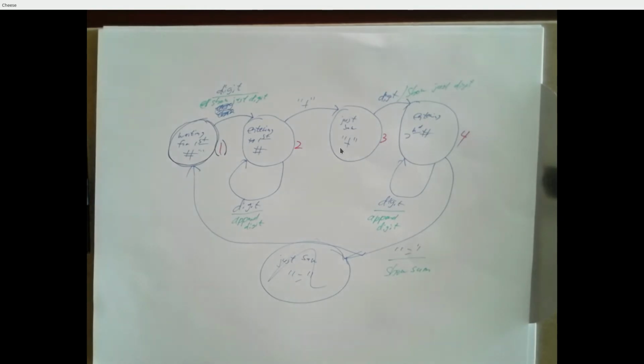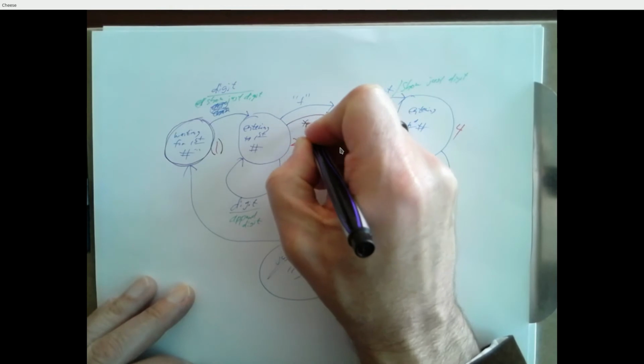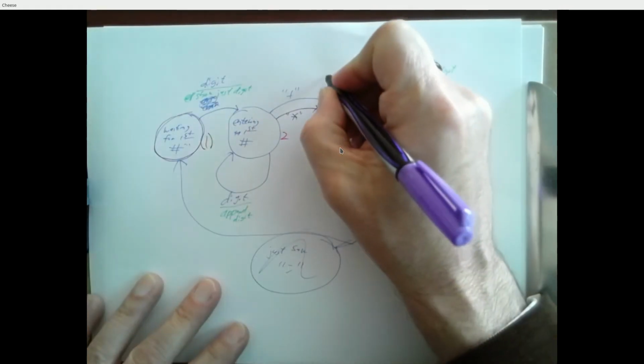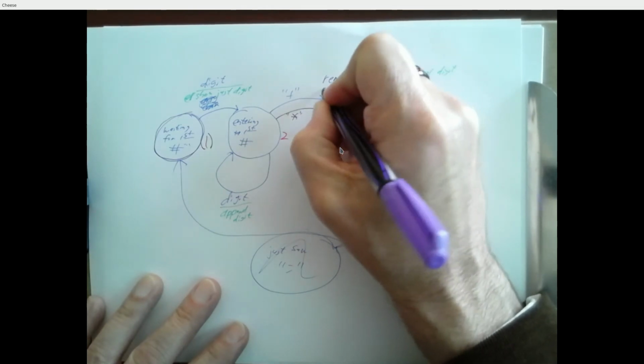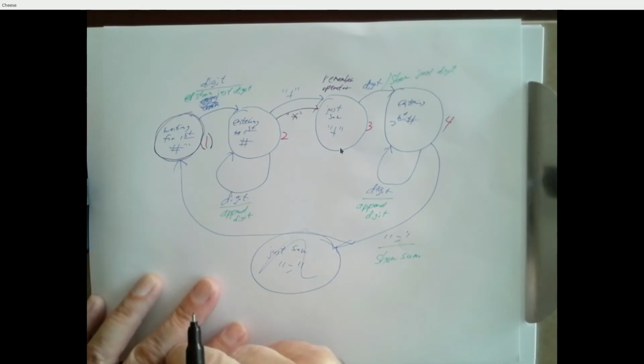So suppose we do this. Either a plus or a star will move us to state 3. And we just remember what the operator was. Make a note of whether that was a plus or a star that moved us here.